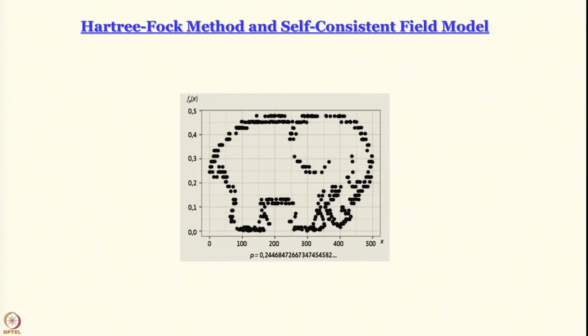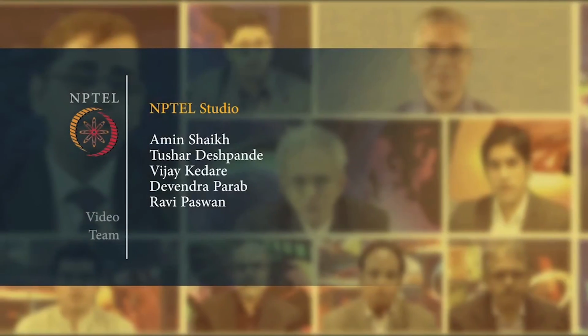Next day we will also learn that the Hartree Fock method uses something called a self consistent field model. Very exciting, challenging, and opens up the field for addressing more complicated problems like molecules at a later time. That is what we are going to discuss in the next couple of classes.